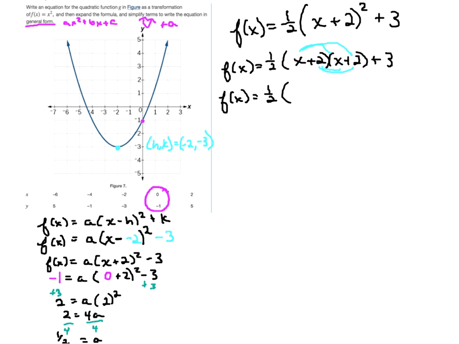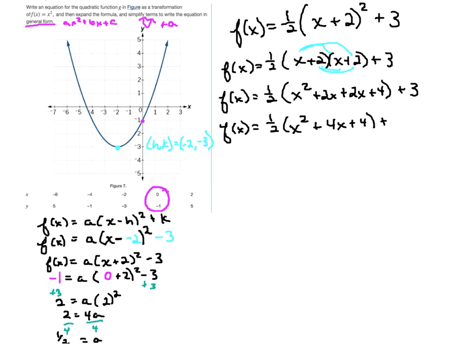This is f of x equals 1/2 times, okay, x times x is x squared, x times 2 is positive 2x, 2 times x is positive 2x, and 2 times 2 is positive 4, and then that's plus 3. So I'm just going to combine my like terms inside my parentheses. And now that 1/2 gets distributed to everything.